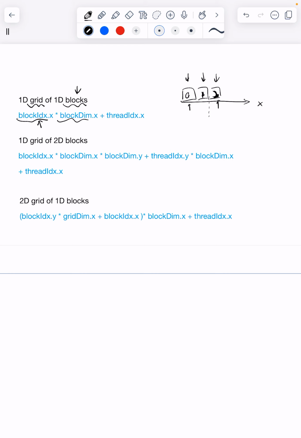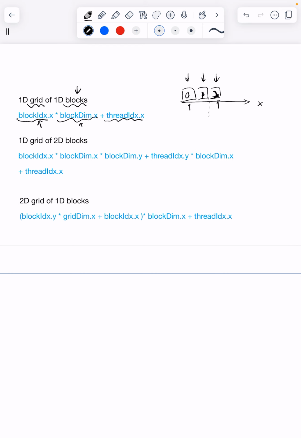And the block dim is referring to how many threads one block has. By multiplying these two parameters together, we get how many threads in total are before our thread.